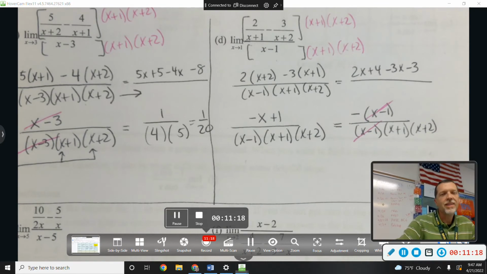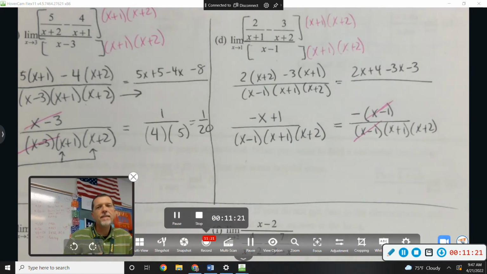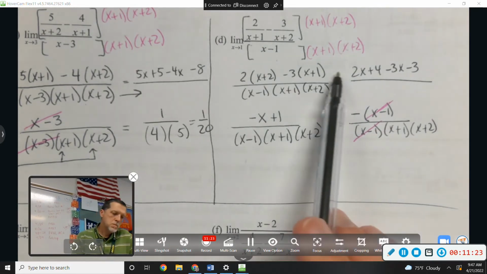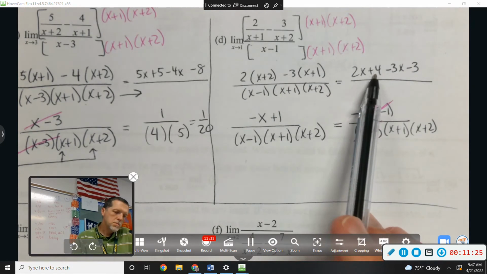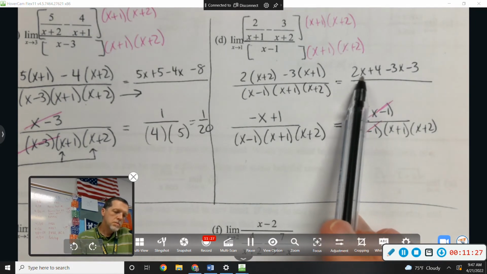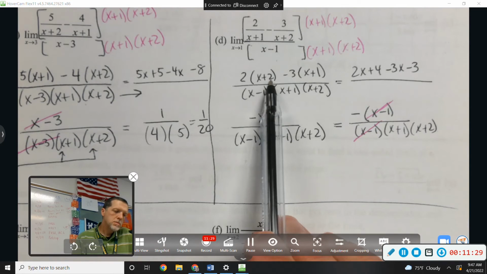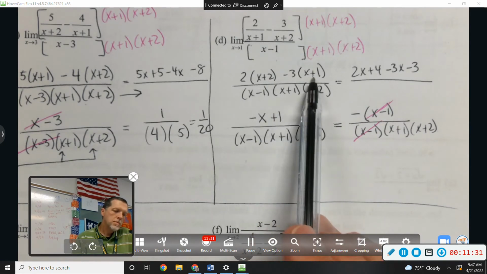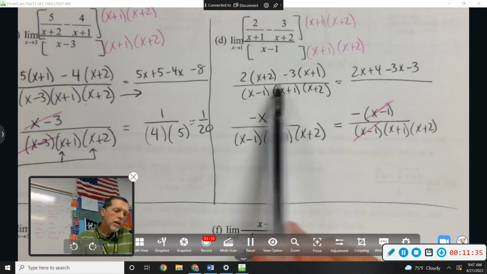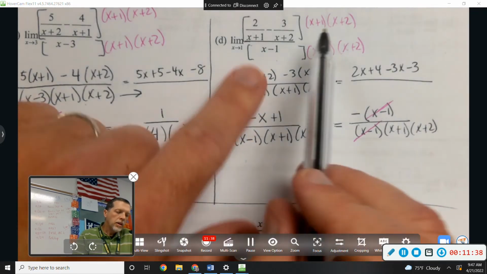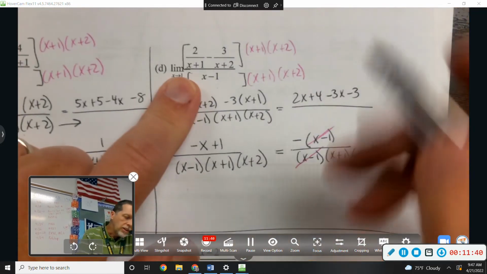Ty? So when you do on the second row, to the left of that, it's 2 times x plus 2 and negative 3 times x plus 1. How do you know which place to put each one? Like, how do you know it's not 2 times x plus 1? Because when I multiply, I didn't show all my steps here.